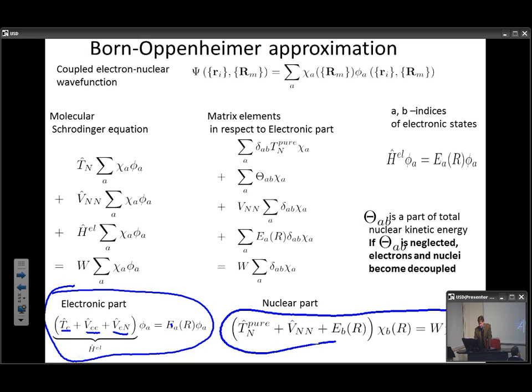And there will be the Schrödinger equation for ions that will have this psi coefficient with the meaning of the wave function of ions, and it will have the pure kinetic energy of ions and the rest of the terms that we were talking about.